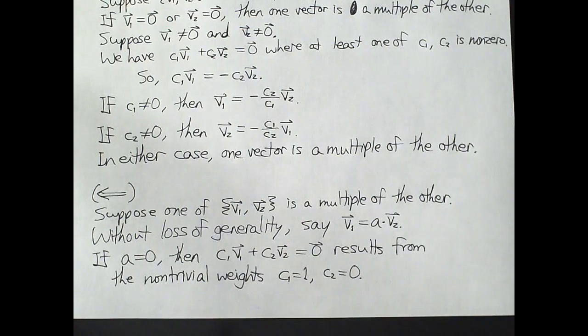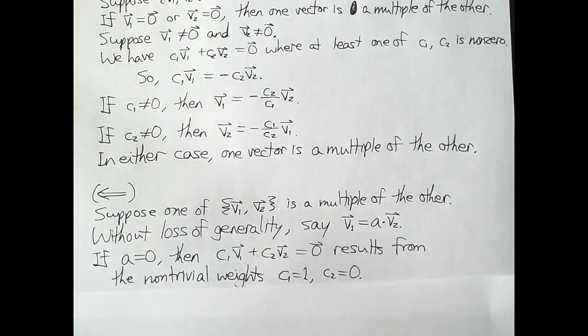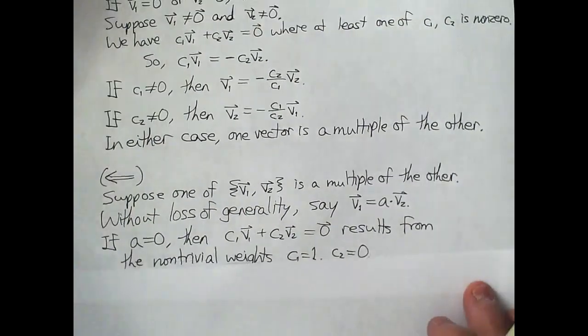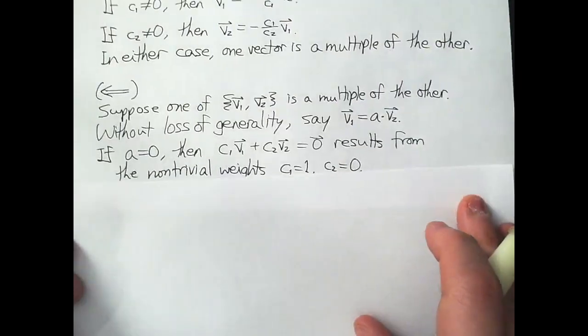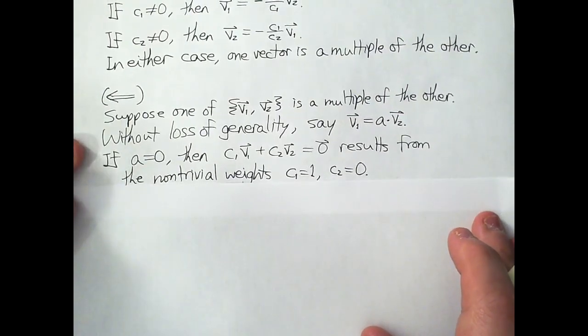And that would work. That checks out. So if A is 0, we get what we wanted. What if A is not 0? That's what we need to consider next.